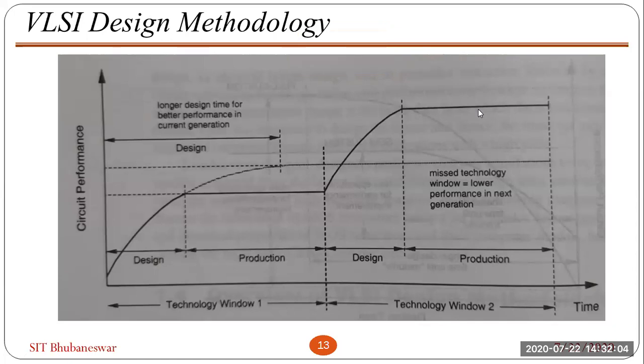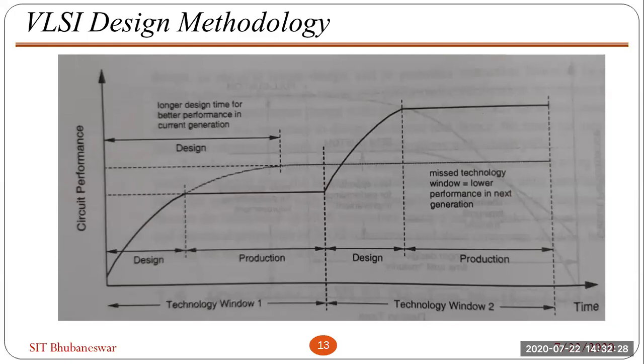Otherwise, you will lose the market. So these are the VLSI design methods that industry is particularly opting for. Any doubt? Just understand this figure and ask if you have any doubt. I have a doubt.